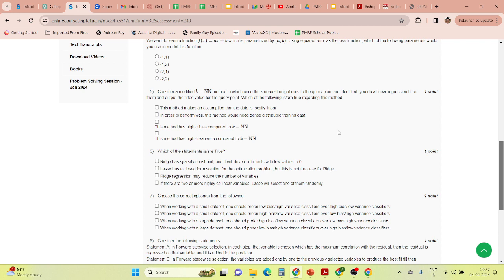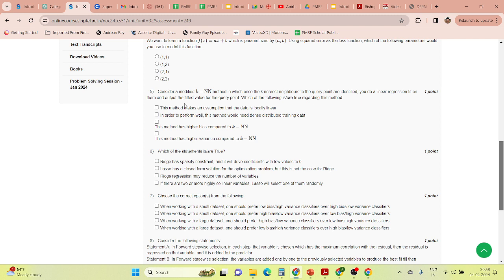So let's see. There are k nearest neighbors, two query points due to linear regression fit. First you need to find the k neighbors and then pass a best fit through it by linear regression. So the data is locally linear. There is no consideration like that. In non-linear data as well, linear lines can be fit.